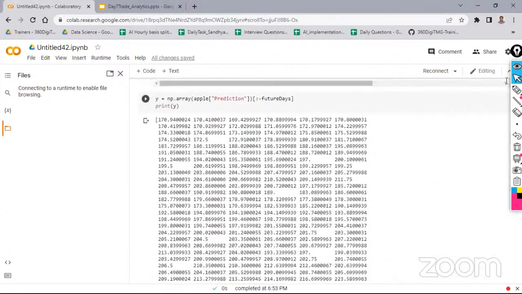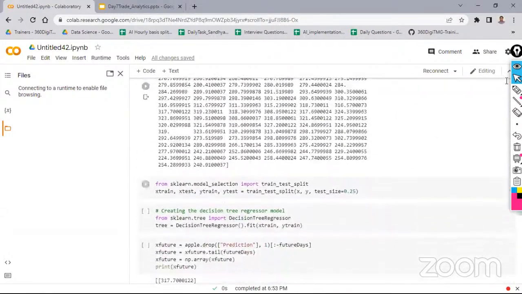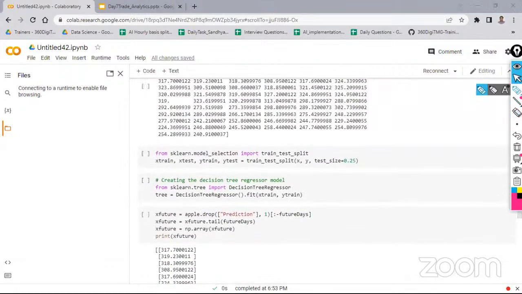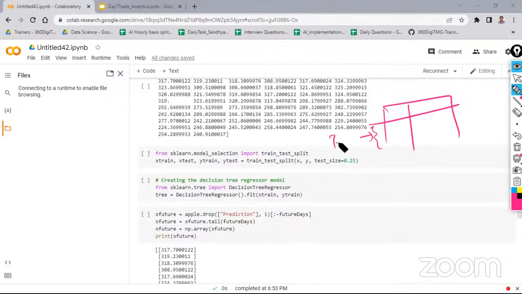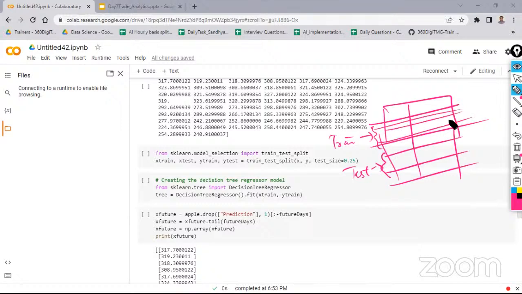So now it is good that it has been calculated with the prediction Y. And now with that data, I'll split some portion as training and some portion as testing. Decision making, right? So we classify them and then make a decision. Now I've made it as 25 and 75.